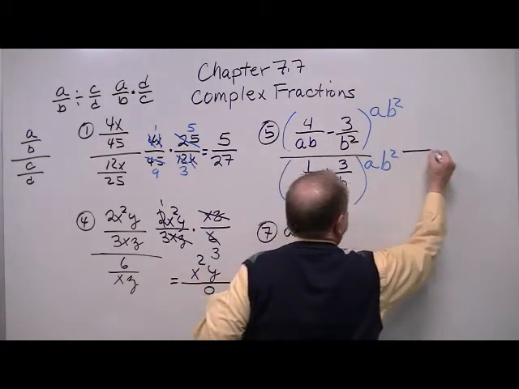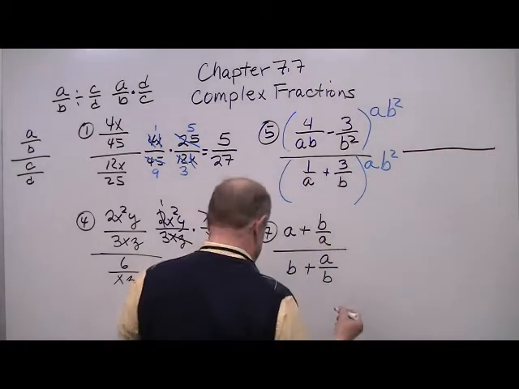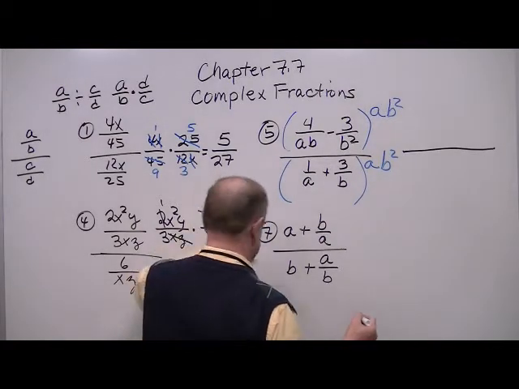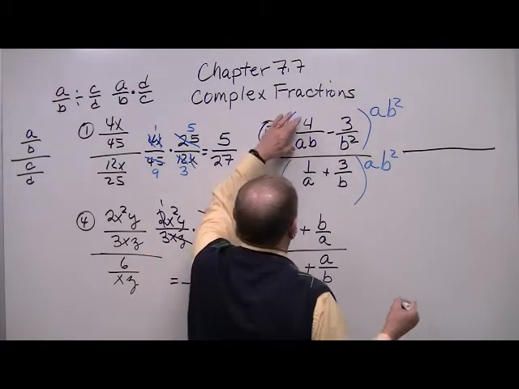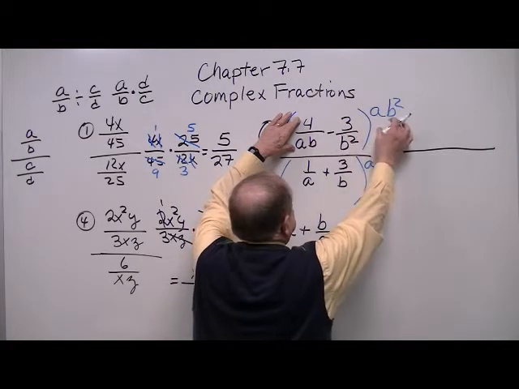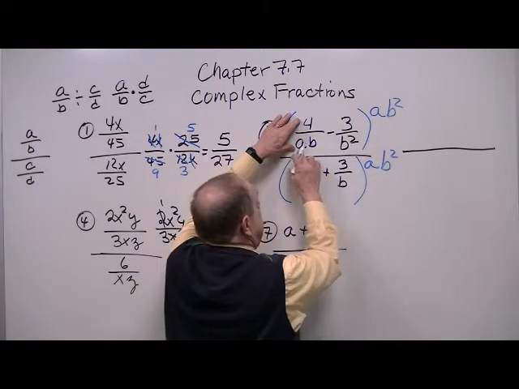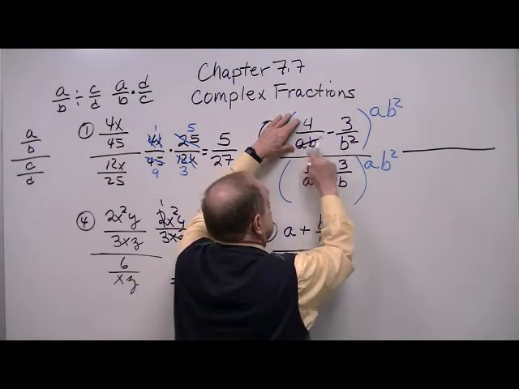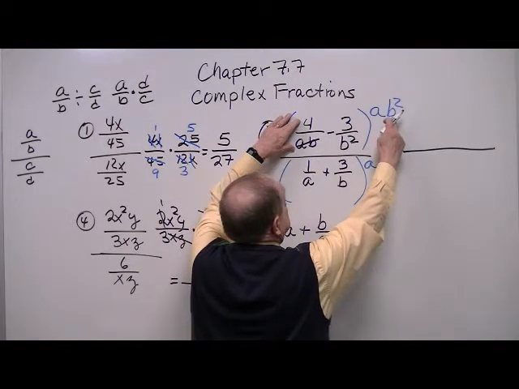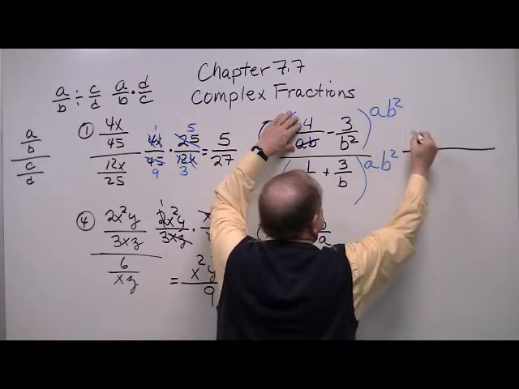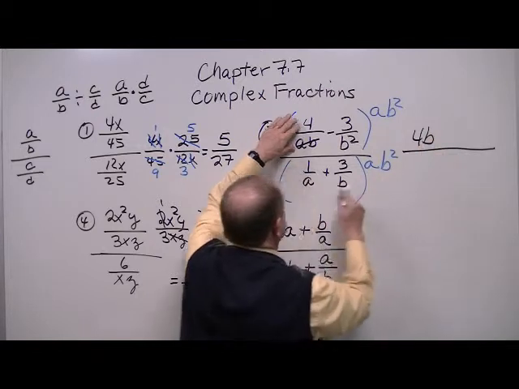And that should get rid of all of our fractions. So it's this term times this. And you see the a and the b's cancel out here, and you're just left with a b there. So this will become 4b.